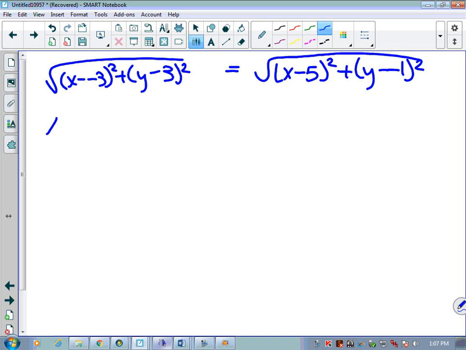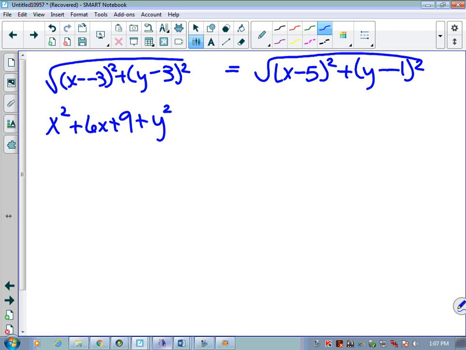So I simplify this. You can do it in smaller steps if you want to; I'm going to do it quickly. X plus 3 squared is going to be x squared plus 6x plus 9, right? And then over here I got y squared. Don't forget that we're switching variables here.